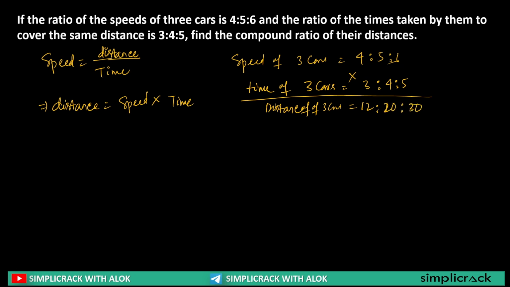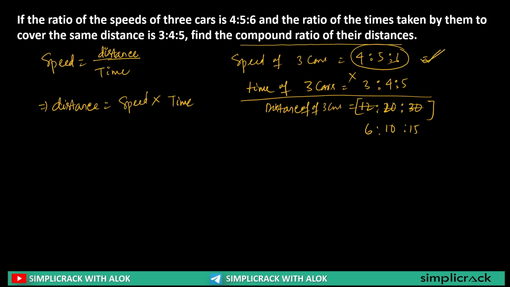We can simplify this. If we divide it by 2, it will be 6, 10, and 15. So whenever it asks about the compound ratio of their distance, we'll be following this method.